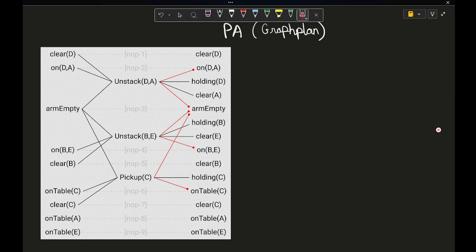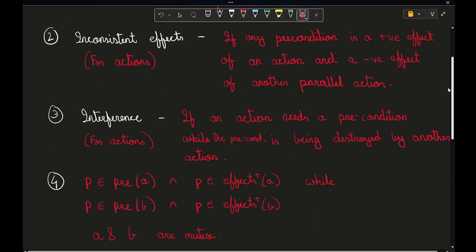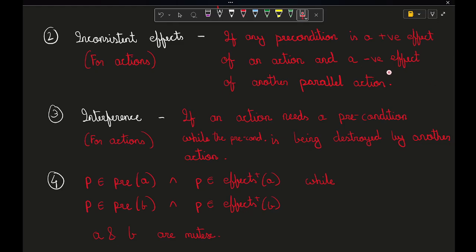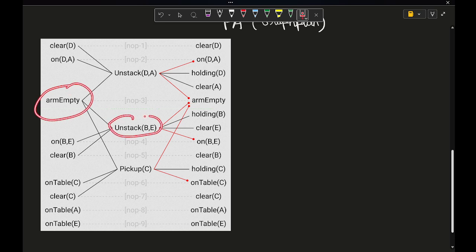The second condition, inconsistent effects, says that if there is a precondition that is a positive effect of an action A and a negative effect of another action. Arm empty is a positive effect of no op 3, while arm empty is a negative effect of unstack BE. Unstack BE is consuming this while no op 3 is trying to add this.